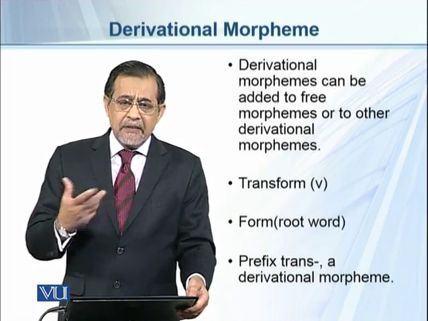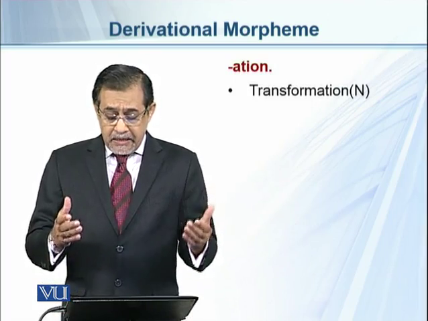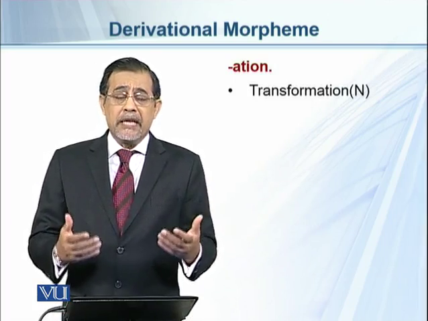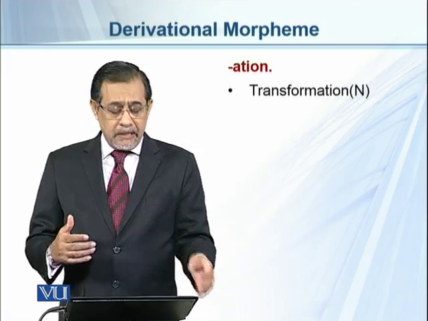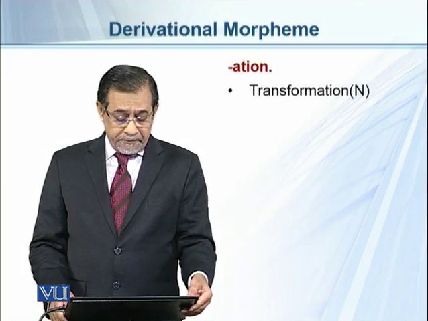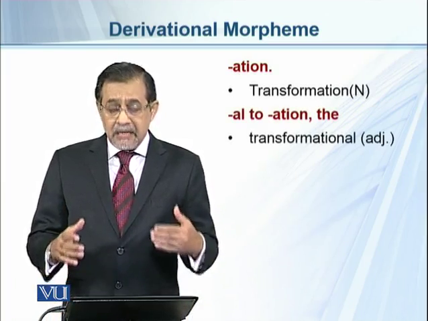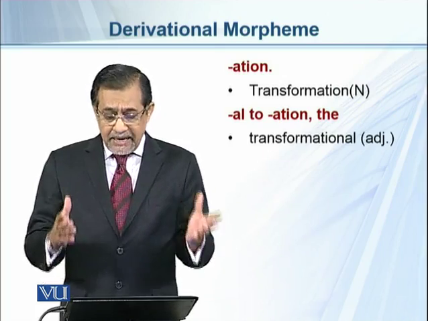If we add another morpheme to it, for example, ation, right? So we get a new word, which is a noun, transformation, right? And we can again add a derivational morpheme to it, for example, al, and make it transformational, which is an adjective.